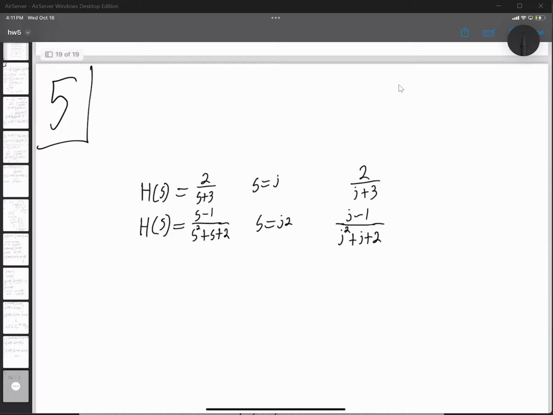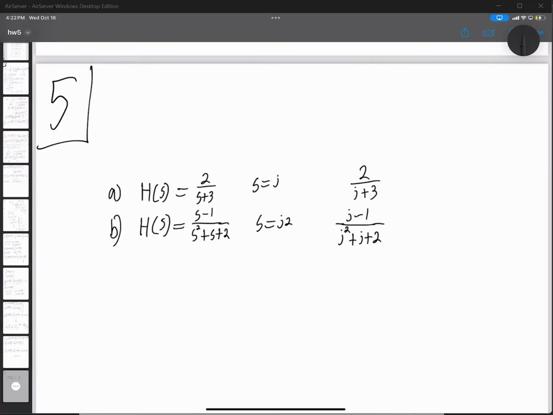Alright, we define the magnitude. So we're going to square, how is it done again? I think we square. Alright, so let's do part A first. This is A and B.